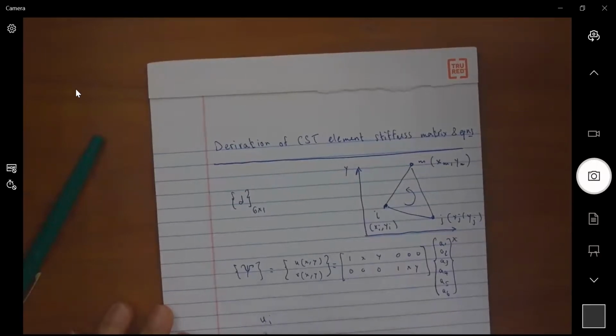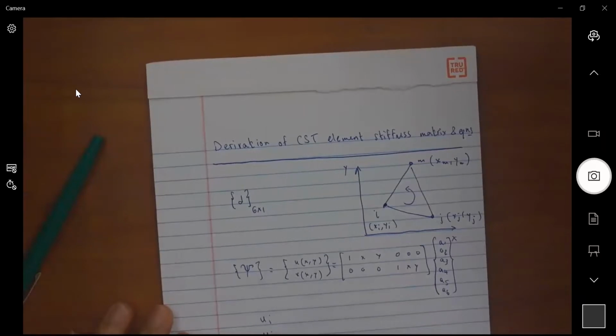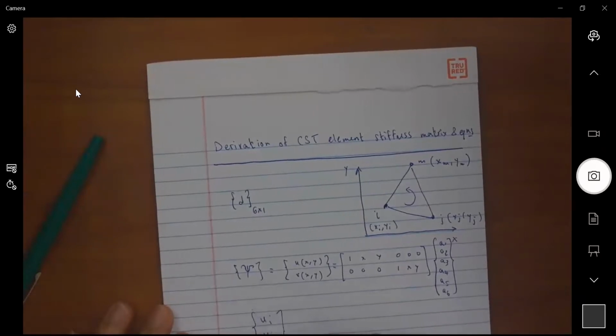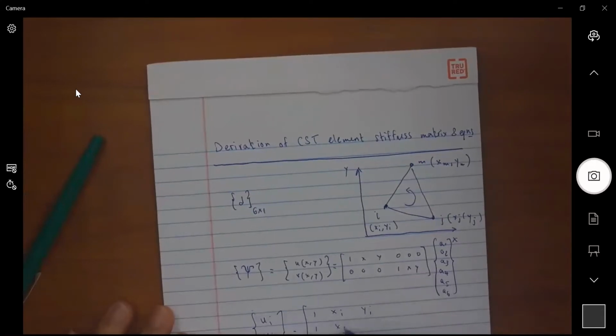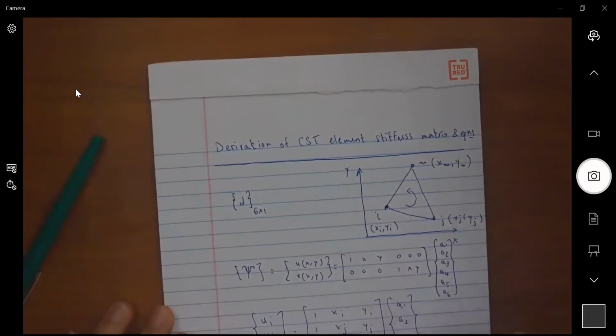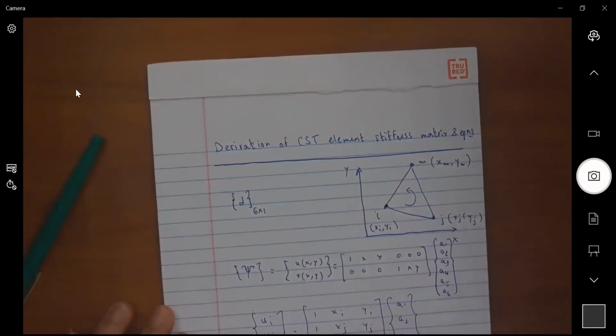I got UI, UJ, and UM that was equal to 1 XI, YI, 1 XJ, YJ, 1 XM, YM multiplied by A1, A2, and A3. We refer to this matrix as X.